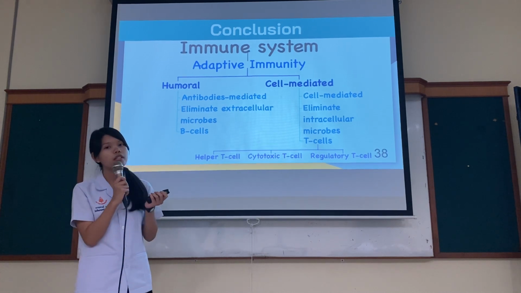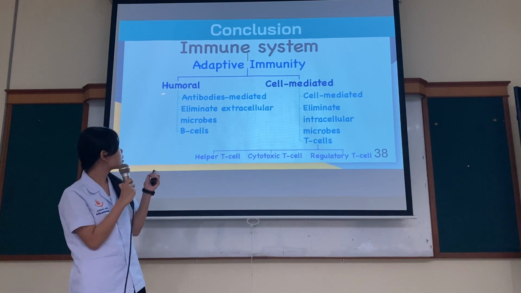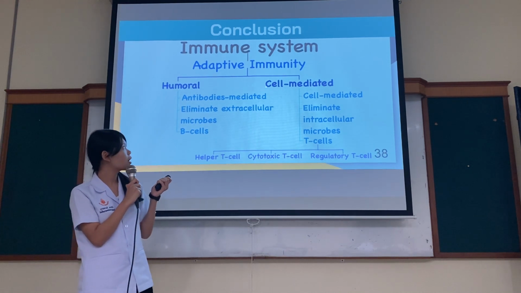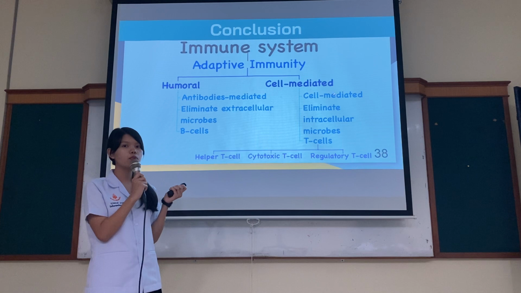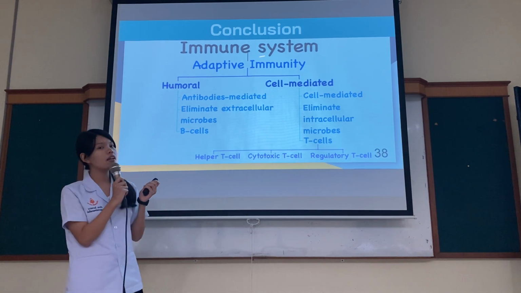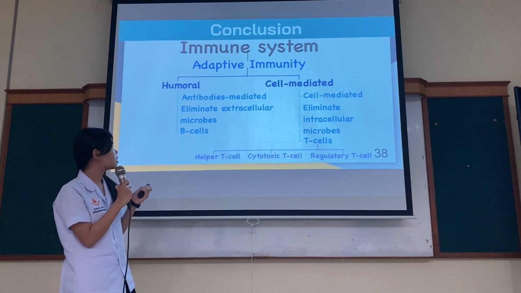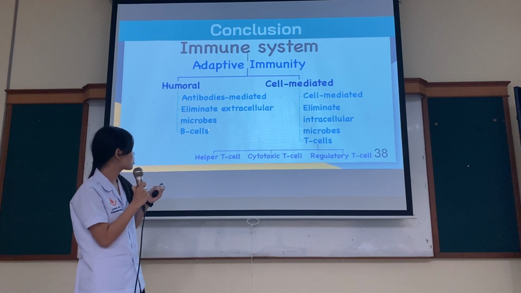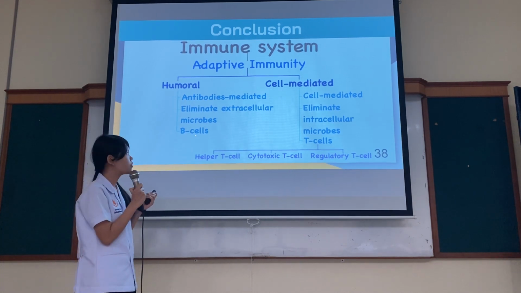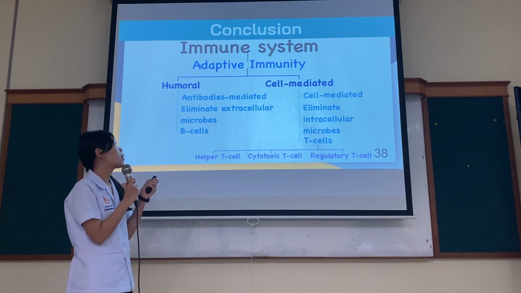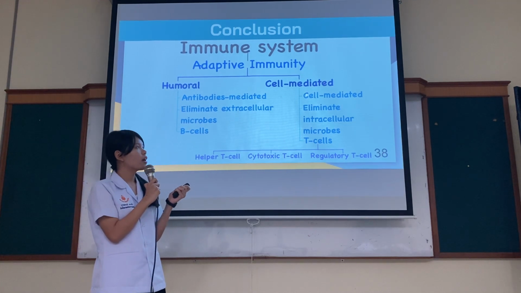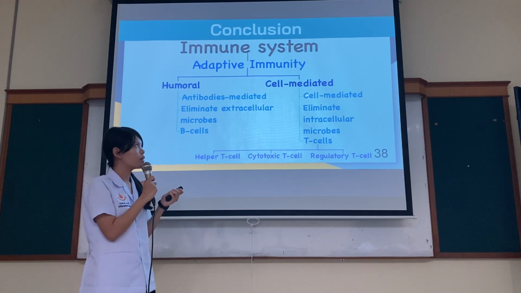And adaptive immunity has two main parts. First, humoral immunity, and second, cell-mediated immunity. Humoral immunity is antibody mediated, and it can eliminate extracellular microbes, and B cell is the major lymphocyte in this immunity. On the other hand, cell-mediated immunity is cell mediated.